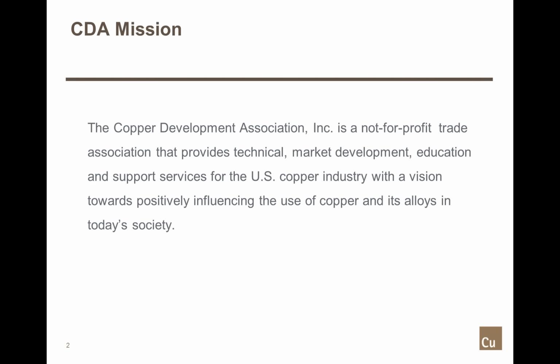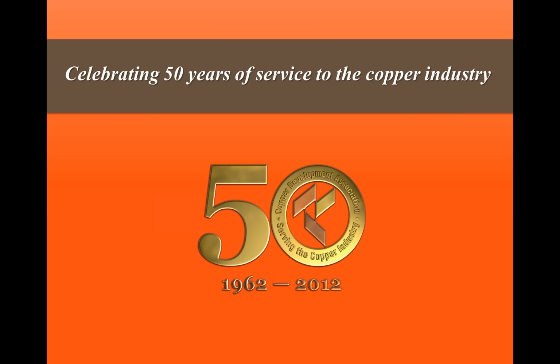We're a not-for-profit trade association headquartered in New York City that provides technical, market development, education, and support services for the U.S. copper industry, with an overall vision toward positively influencing the use of copper and its alloys in today's society. I'd also like to note that CDA at the end of last year celebrated 50 years of service to the copper industry. So we've been around for a little while.